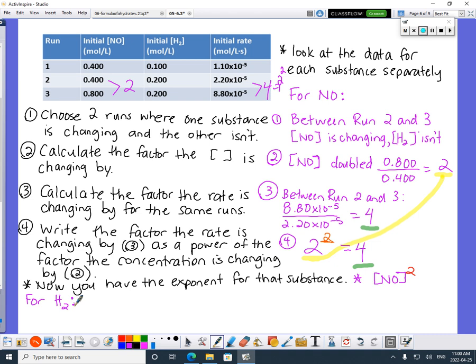And you know what? I'm going to combine 1 and 2. So for H2, now we need to decide 2 runs where the NO is not changing, but the H2 is. So that's easy. Oh, it's the first 2. Wonderful. Yay.